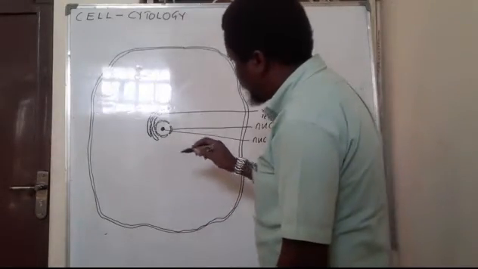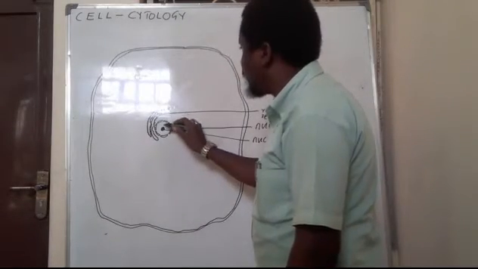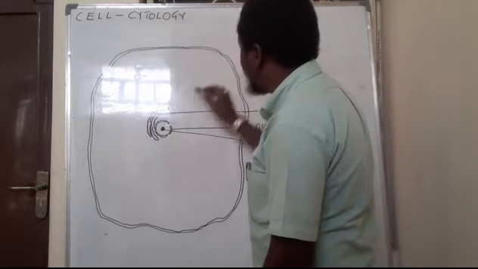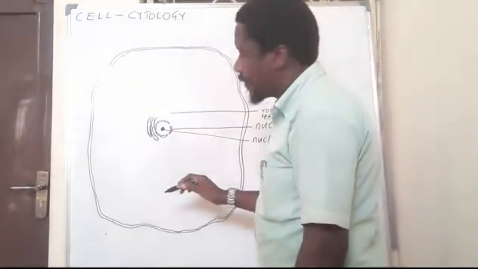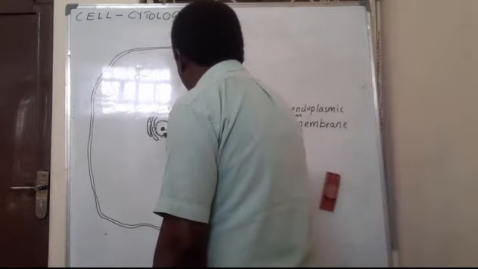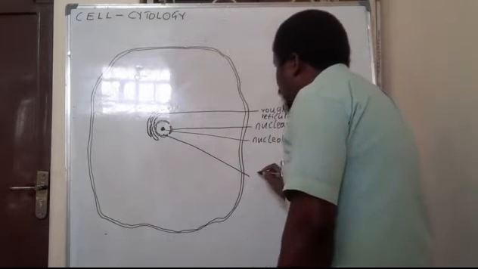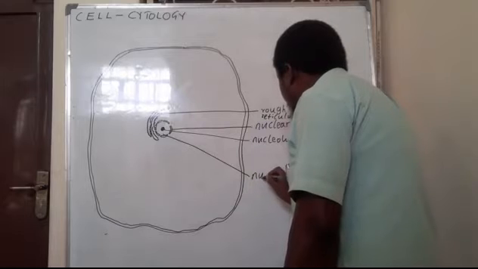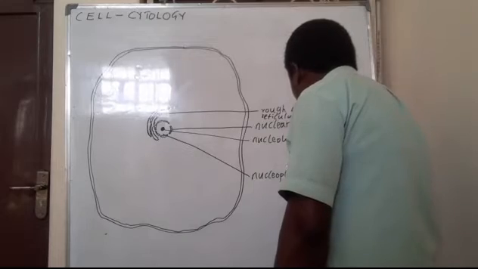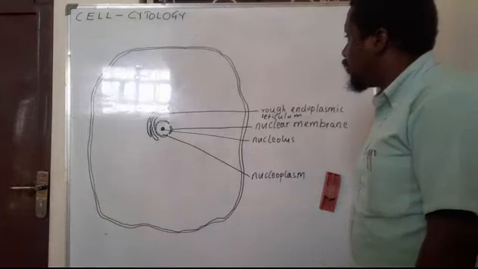And between the nucleolus and the nuclear membrane, there is a space, just like a space between the cell membrane and the nuclear membrane. We call this space the nucleoplasm.